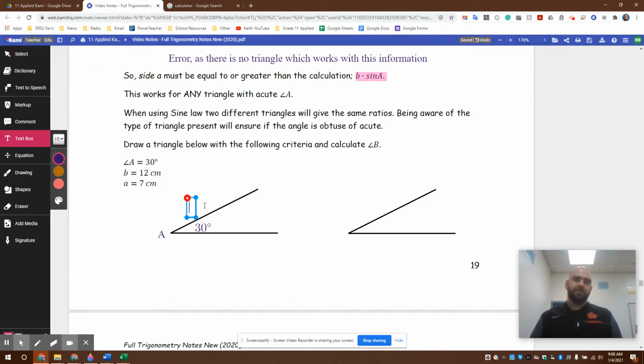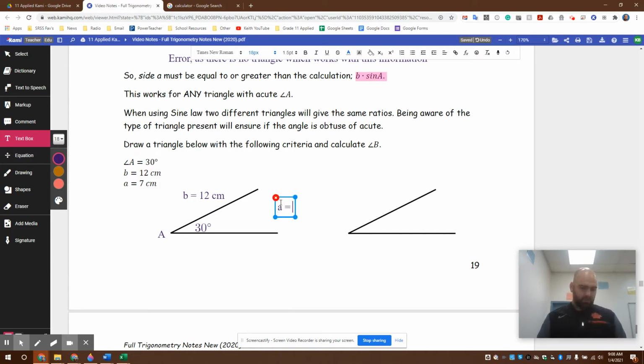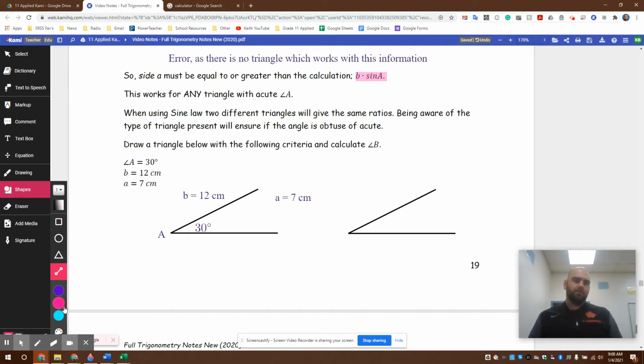We have side B right here, which is 12 centimeters. And across from A is going to be side A, which is going to equal 7 centimeters. Now, we're not shown side A, but we can draw it out, and it's 7 centimeters, so let's just remember that.